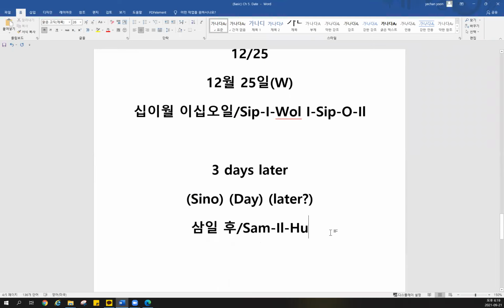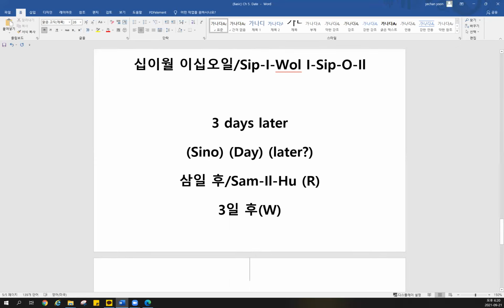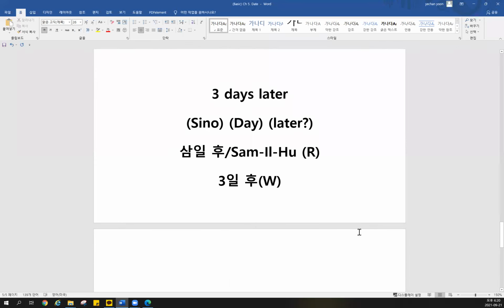Super duper easy, right? And for writing, you just need to write it down with the number. 3, 1, 후. Just like this. Okay, not that difficult.